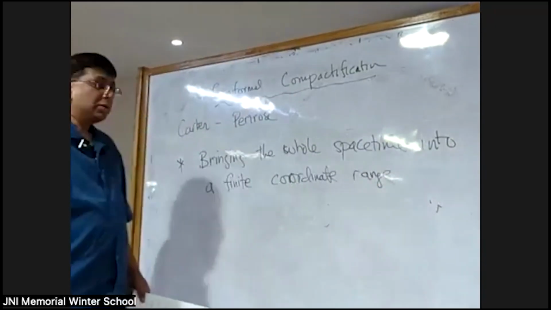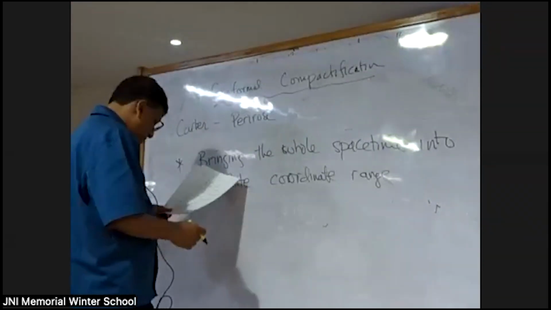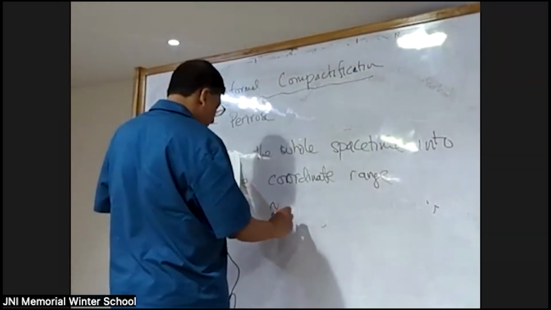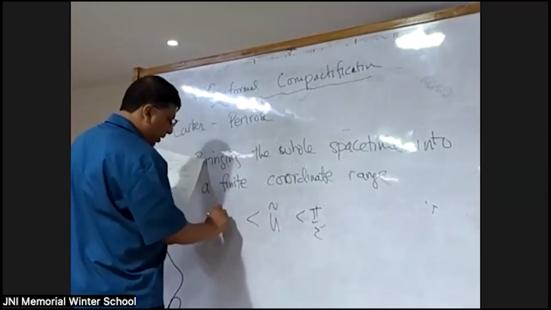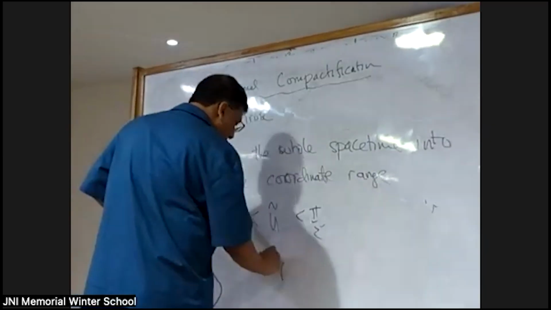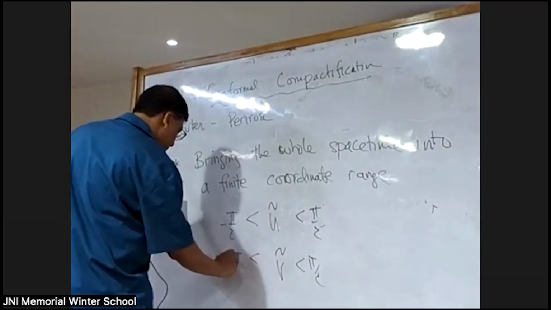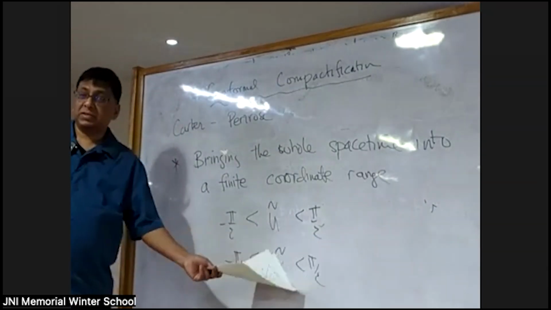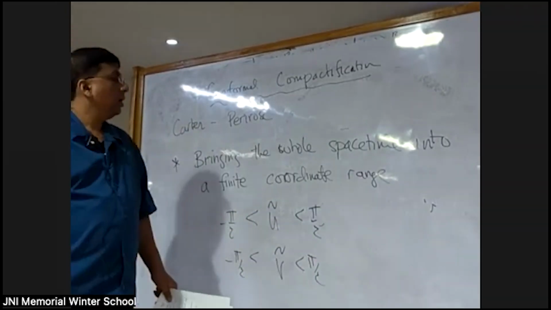In this case, we bring plus infinity and minus infinity to finite values. I'll introduce new coordinates, u tilde between pi over 2 and minus pi over 2, and v tilde between pi over 2 and minus pi over 2. So I map all the coordinates for the whole space-time into this finite coordinate range.